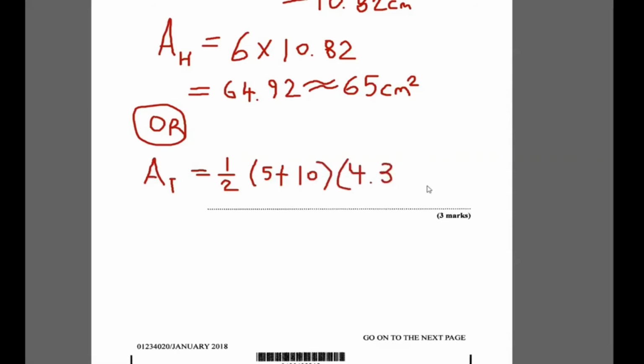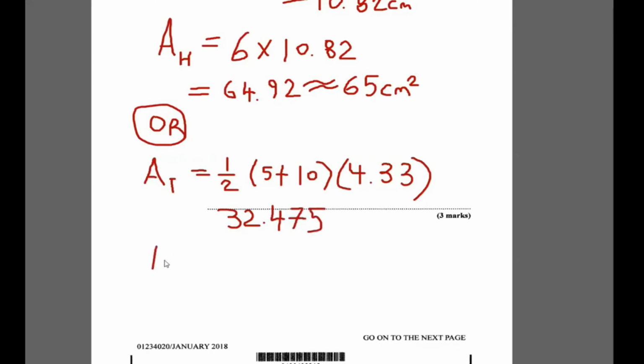When you do that, you notice that you get 5 plus 10 times 4.33, you divide it by 2, you get 32.475. That's the area of the top trapezium.